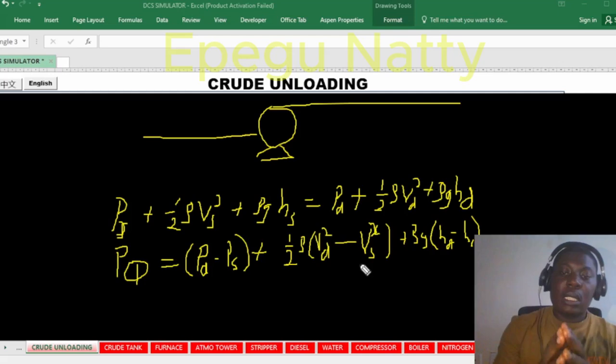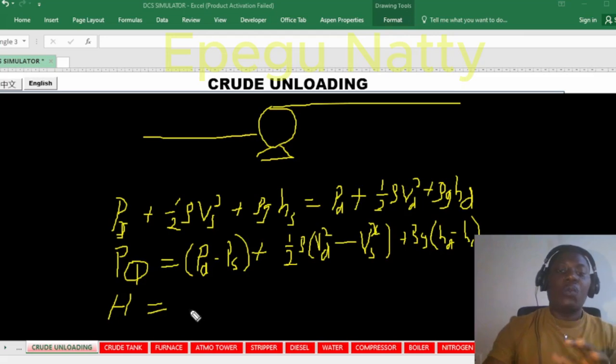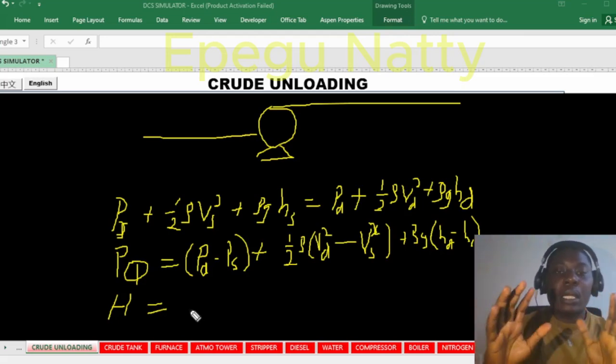Now on getting this, let's convert this to our head. So the pump head is now equal to, what we do here is we divide the right hand side by rho g.